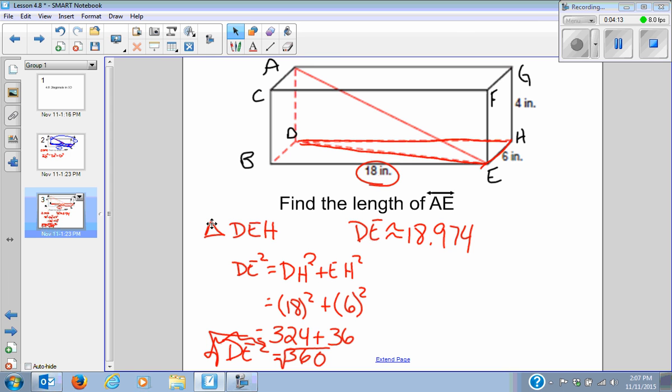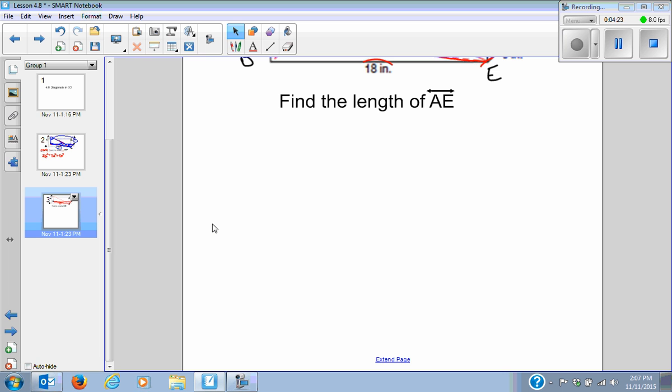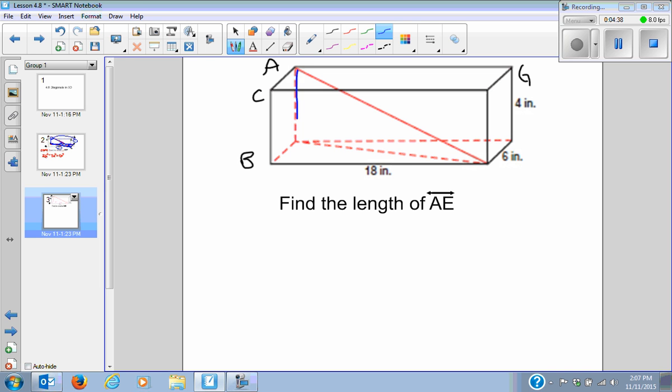Now, hopefully you have all that copied. If not, you can go back. I'm going to erase this. Now, I'm going to use what I found just a second ago. I'm going to find this triangle, which we had.